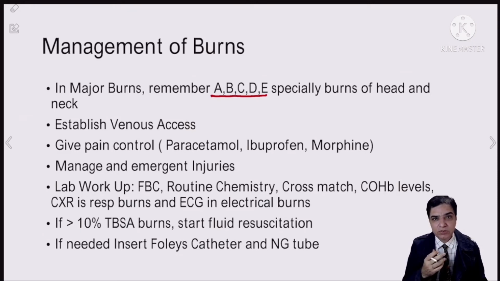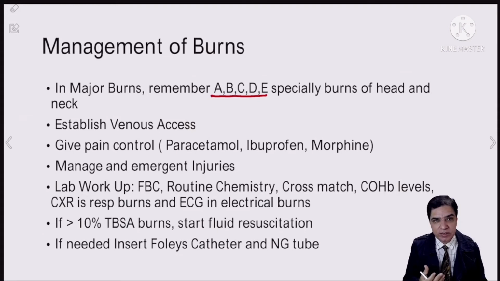If somebody has soot around the nose, or singed nasal hair, or if they have inhaled hot gases, then it's important that you involve the anesthetist right from the very beginning, because it might take seconds to minutes for the airways to swell up and lead to airway compromise, which can immediately kill the child.